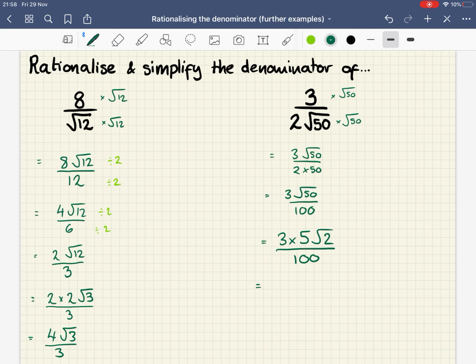And then I can do a bit of simplification here. I can see quite easily that our 5 and our 100, I can divide those both by 5. So I've now got 3 root 2 over 20.